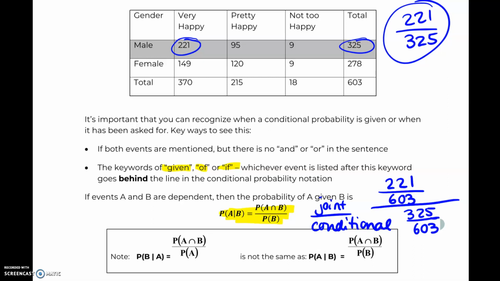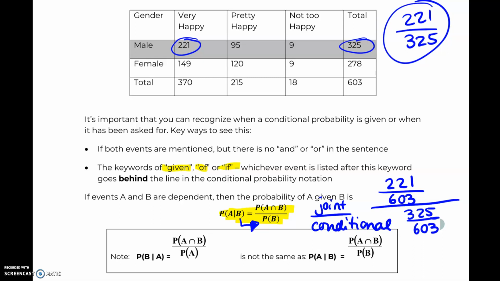So really, if we looked at the technicality of that probability rule, we would find the probability of male and very happy, divided by the probability of male, and that gives us the conditional probability. So always remember, in the numerator we have the joint, in the denominator we have whatever the conditional part is, whatever goes behind the slash.